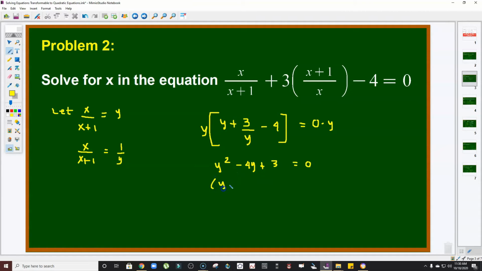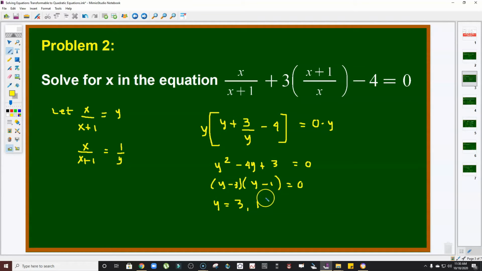So the factors of 3 are (y minus 3) times (y minus 1) equals 0. So let's check, this will give you a product of 3 and a sum of negative 4. So clearly, the values of y here are 3 and 1. Two values.